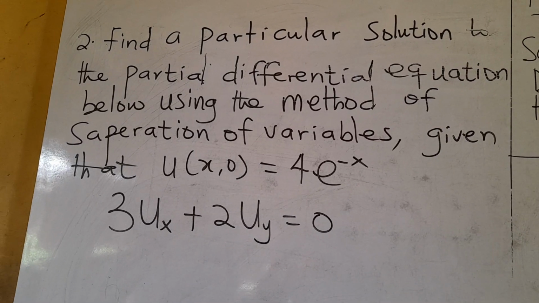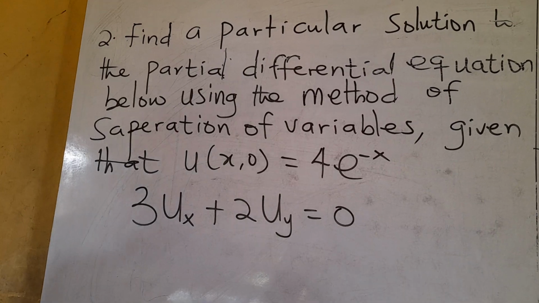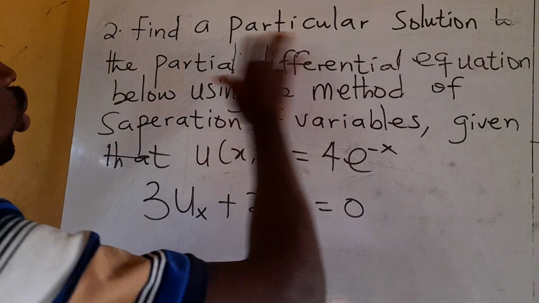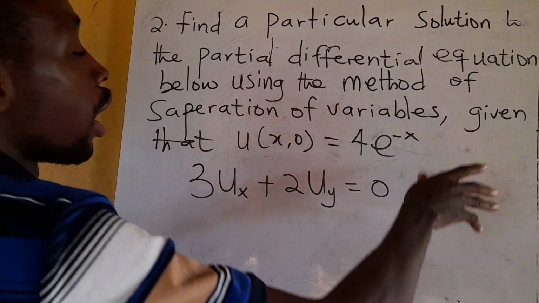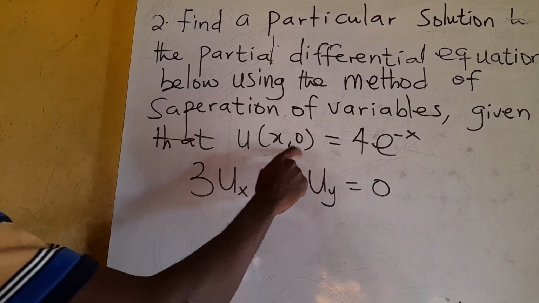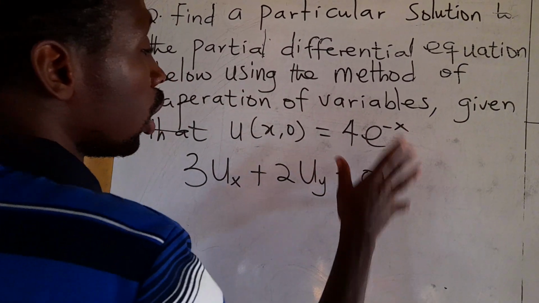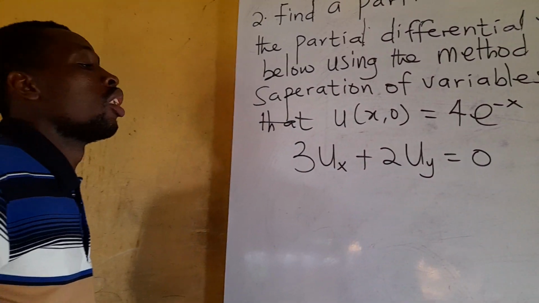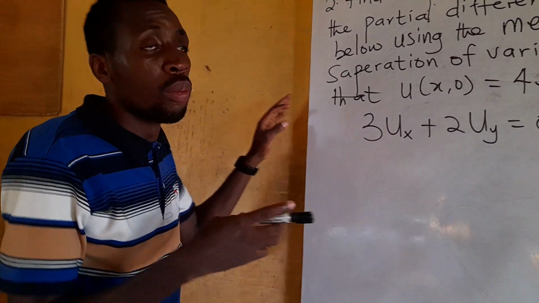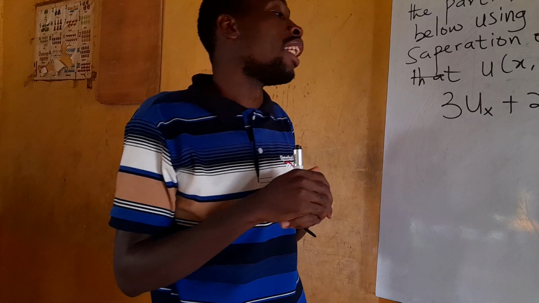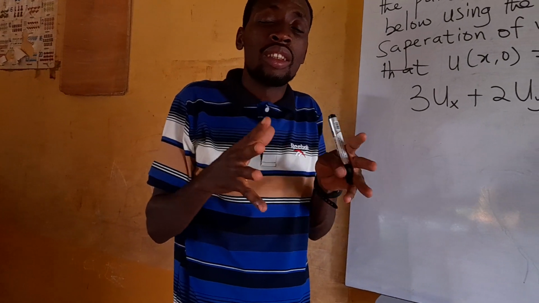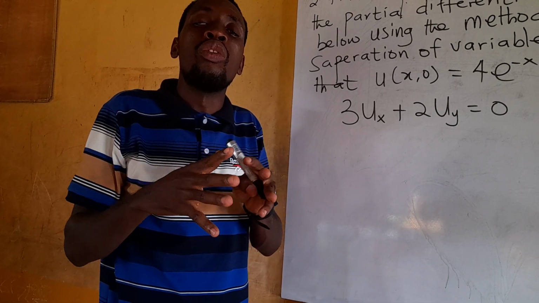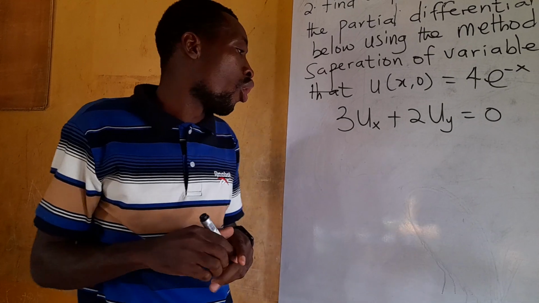So let's solve our second question where some boundary conditions are given. They say find a particular solution to the partial differential equation below using the method of separation of variables, given that u of x, 0 is equal to 4 e exponent negative x. So separation of variables, remember, employs the idea that the general solution is the product of functions of the variables involved.